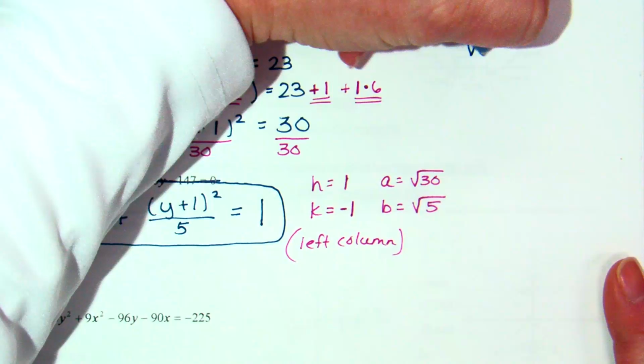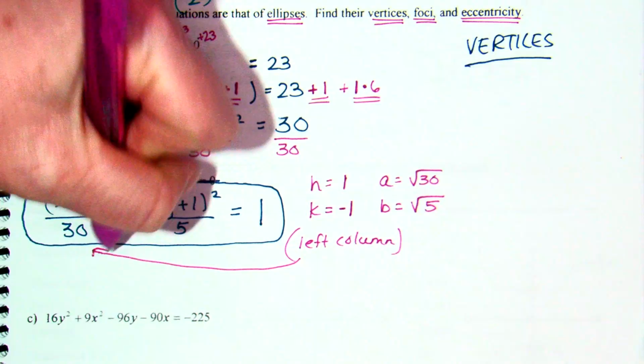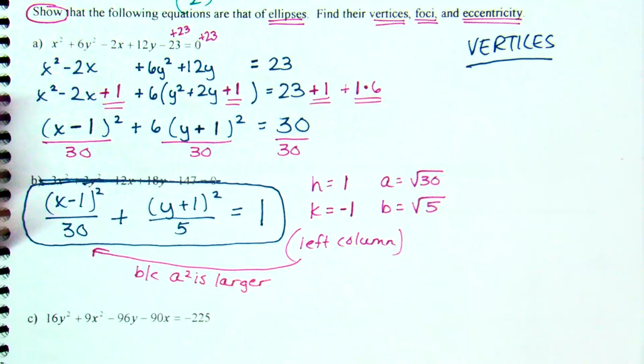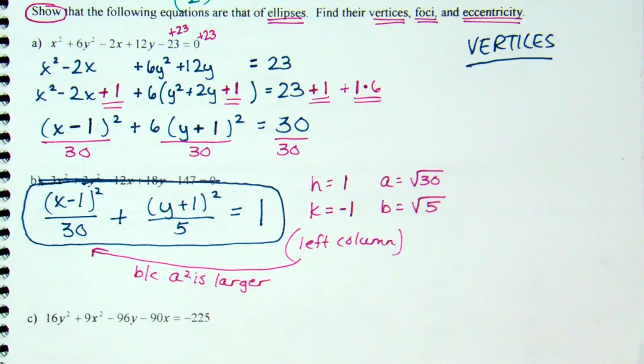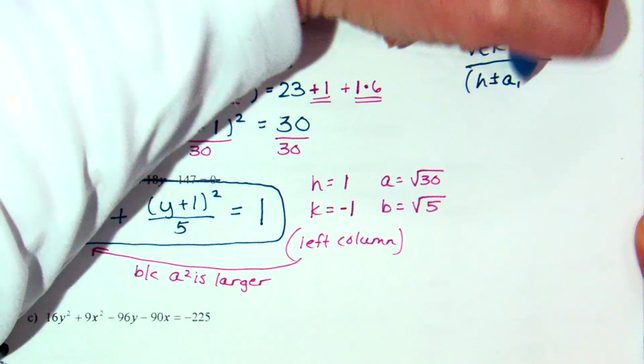Now, we just talked, we're left column because A squared is larger. What's my formula for vertices if we're in the left column? H plus or minus A, comma K.